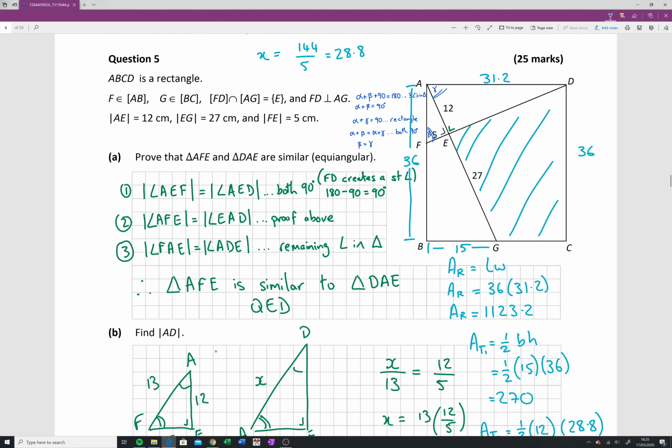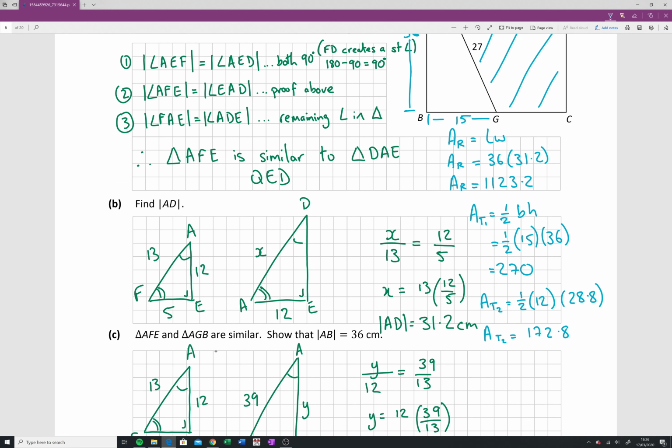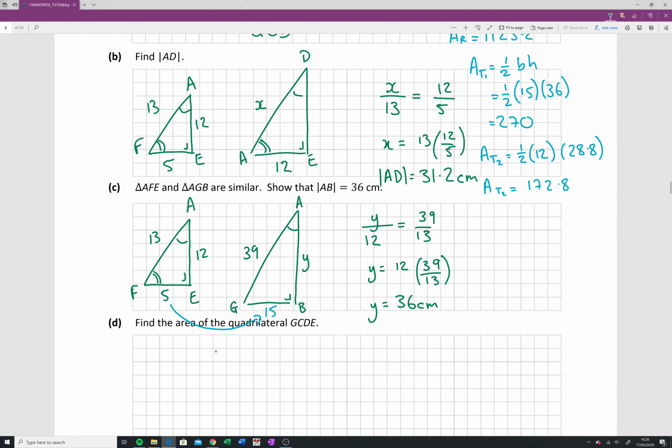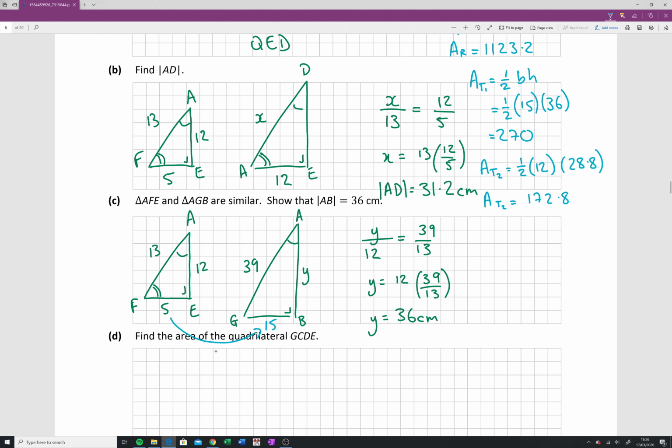Okay, we've just got ABG, that triangle, and we've just got ADE. We're obviously going to add those two things together and take it away from 1123.2. So this is the area of the shaded region. It's going to be, let's just see here, 1,123.2. Obviously you do this in your exam, but it's just a little bit trickier when it comes to doing it on a tablet.